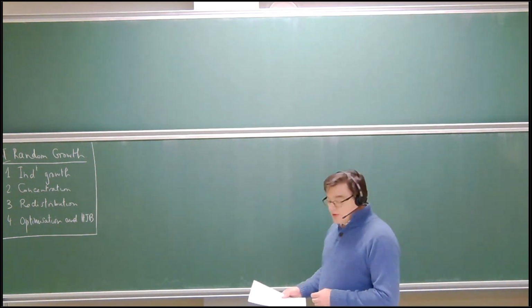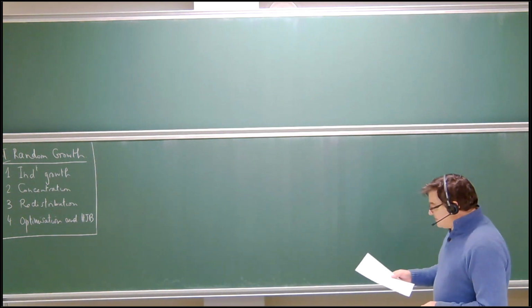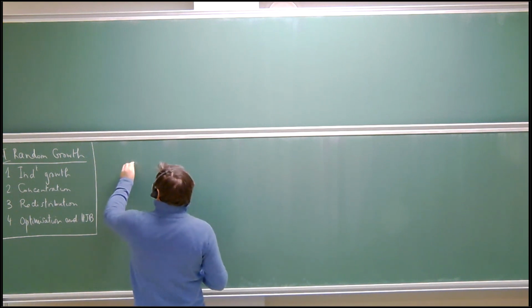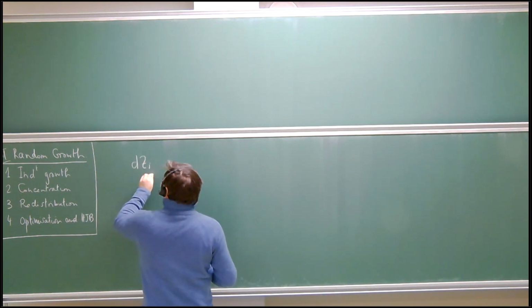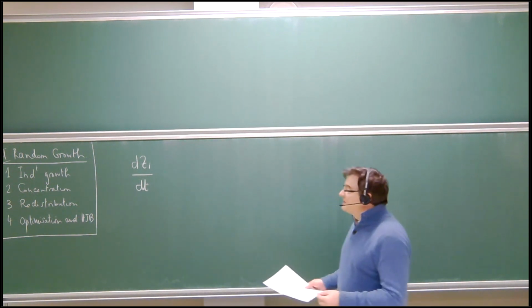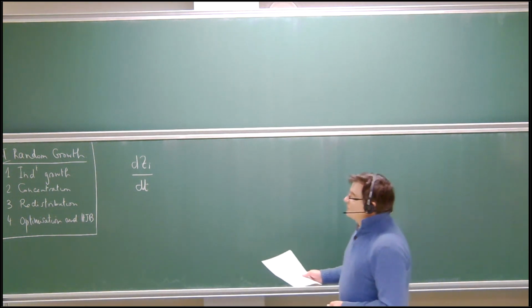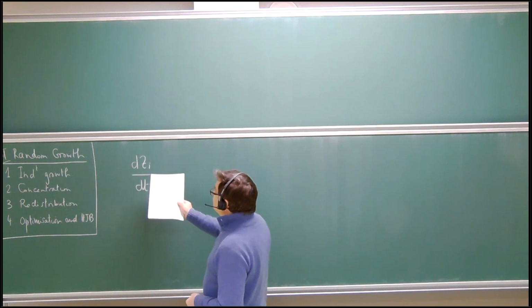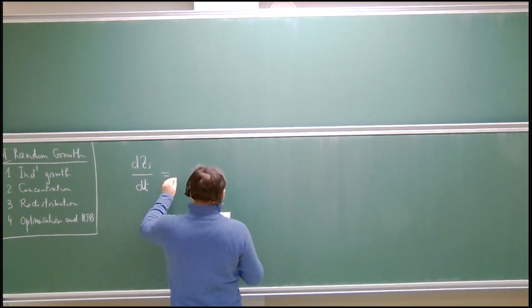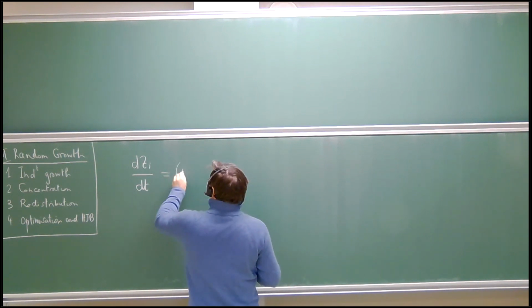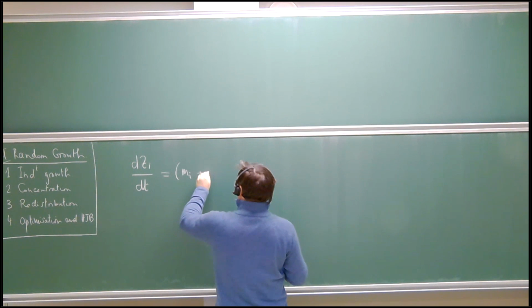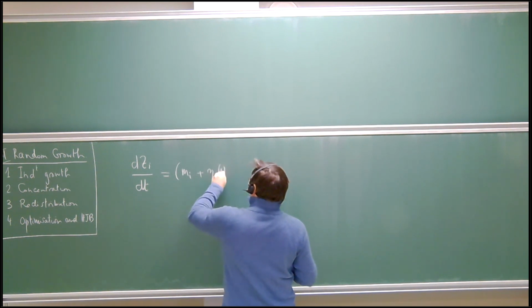So let me write down the equation I have in mind, and then I'm going to comment on what I'm writing. So remember, Zi is the thing that's growing. Think of it as the population in city i, Zi. And what I wrote last time was something like mi plus eta i of t, times Zi.